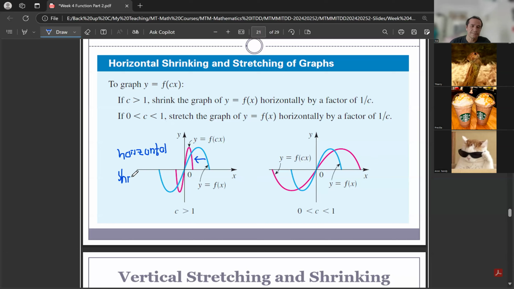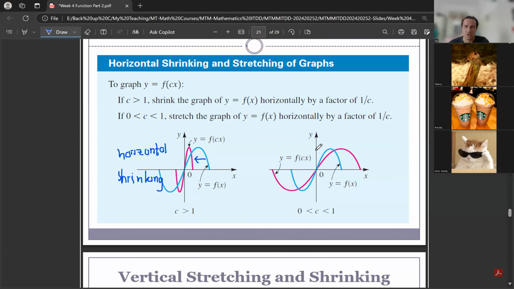Sorry, I make a mistake. Okay, this is horizontal shrinking, and this is horizontal stretching.